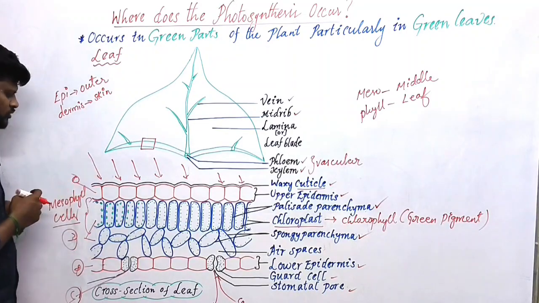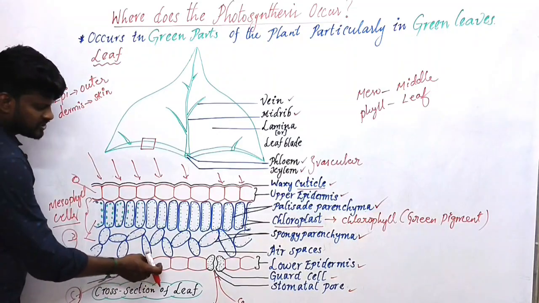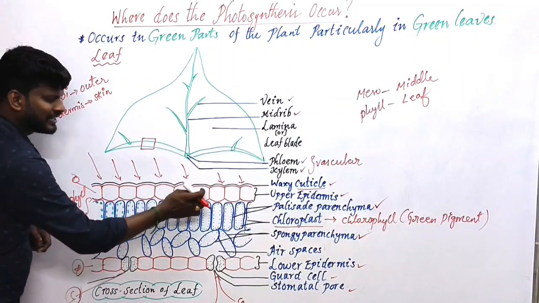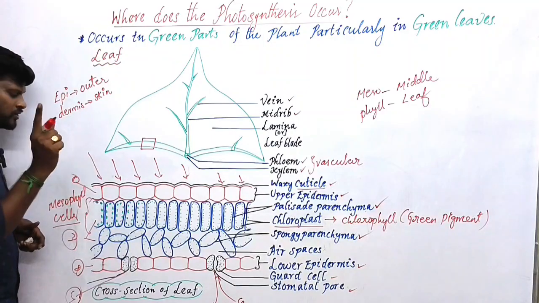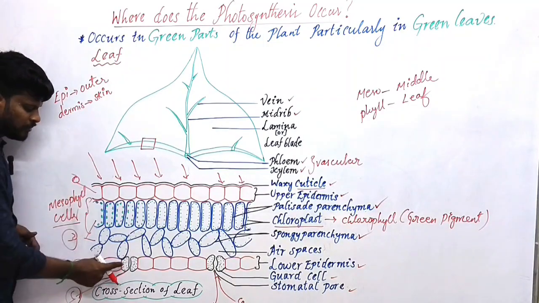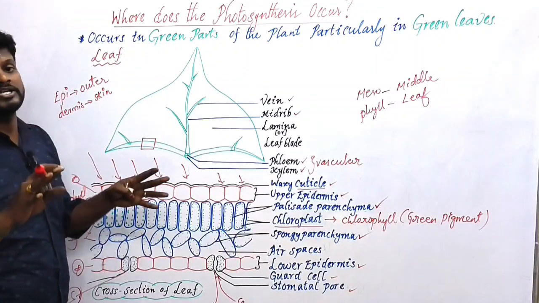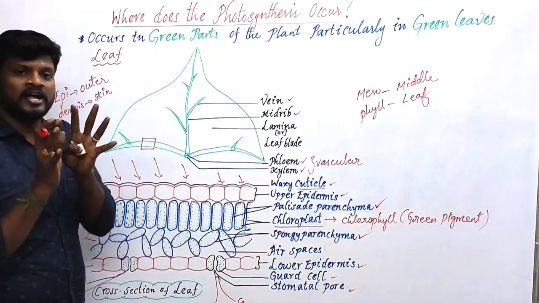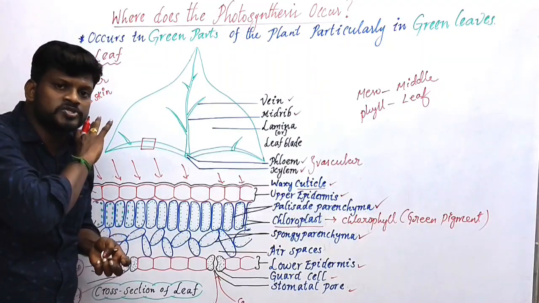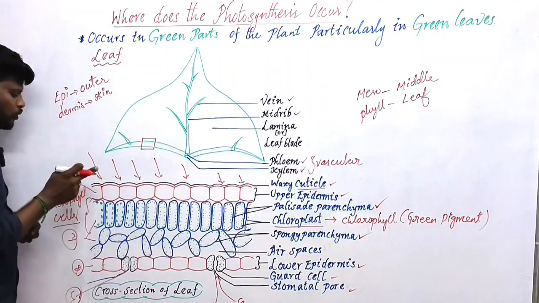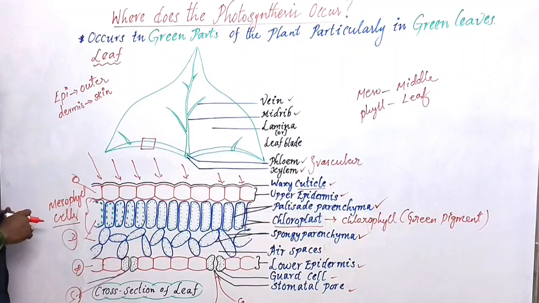So you just look into it. See the upper epidermis and the lower epidermis. Nowhere have I given green dots, which means there is no chloroplast. Make sure of this: both upper epidermis and lower epidermis are devoid of chloroplast. If there is no chloroplast, ultimately there will be no chance for photosynthesis. So photosynthesis will not occur in the upper epidermis and lower epidermis.